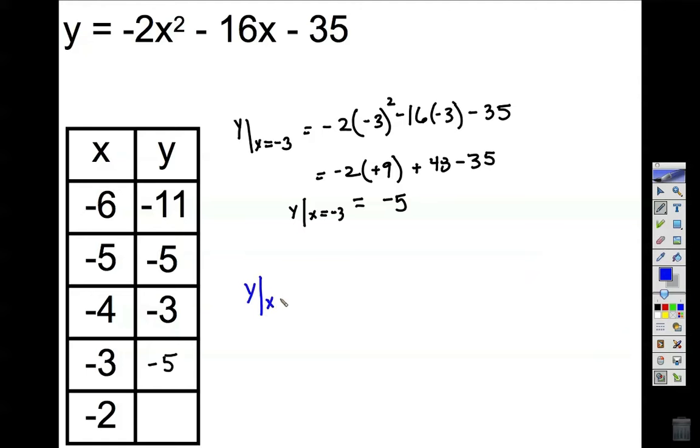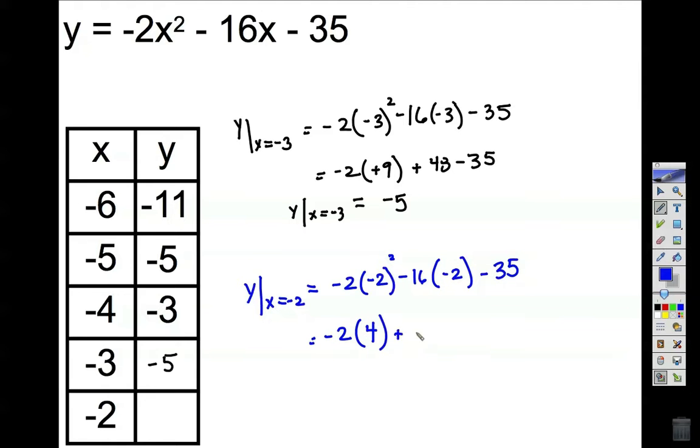What is y when x is equal to -2? -2 times -2 squared minus 16 times -2 minus 35. That is -2 times 4 plus 32 minus 35. Again, use a calculator, so when x equals -2, that is equal to -11.